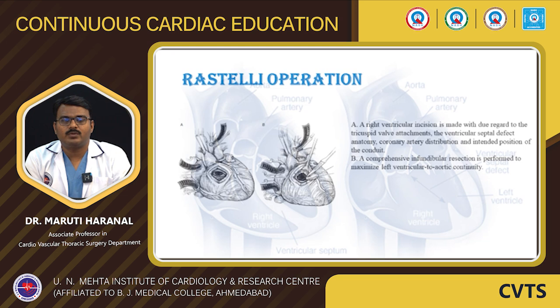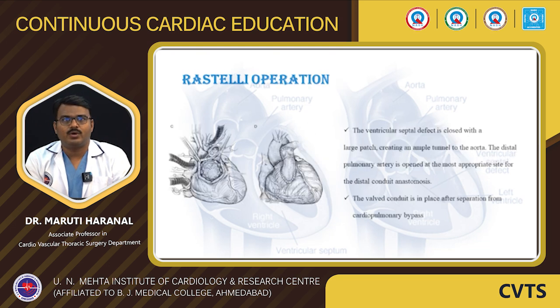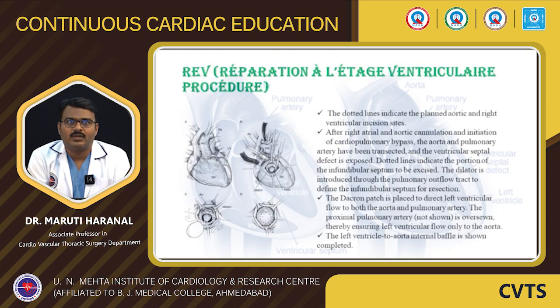Rastelli operation includes intraventricular tunneling of the left ventricle to the aorta, followed by establishing the right ventricle to the pulmonary artery continuity using a conduit. In Reve's operation, we enlarge the right ventricular outflow tract, in which we transect both the great arteries.